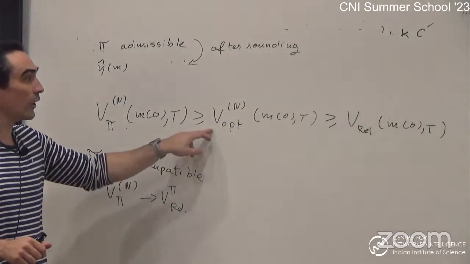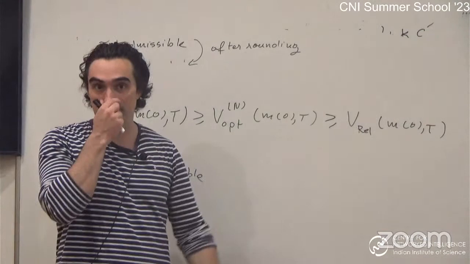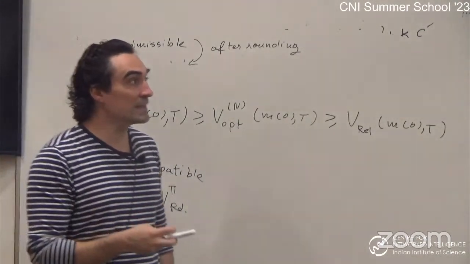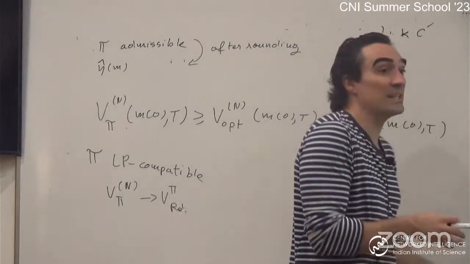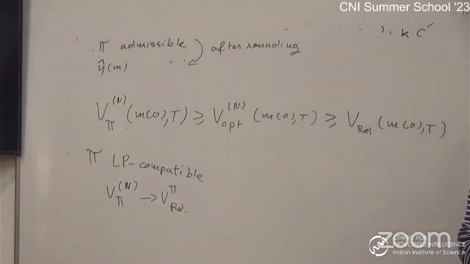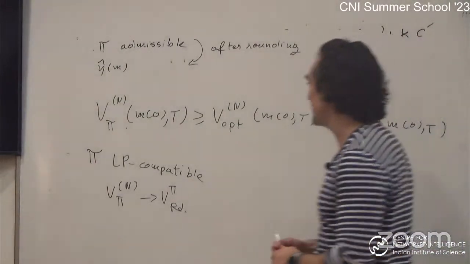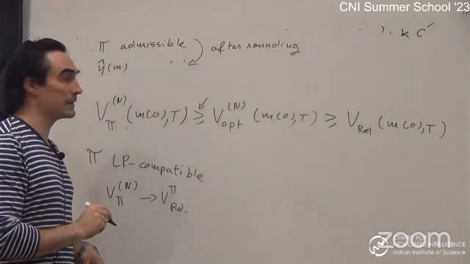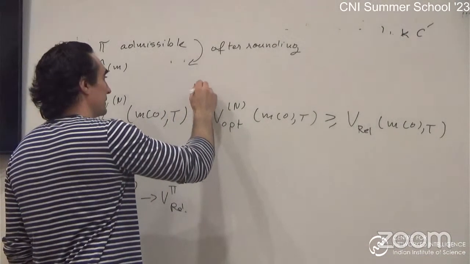And therefore, V_opt will converge to V relax. That's the argument. And you see that the two crucial things that cannot escape when you design a policy is admissibility. Admissibility is basically allowing you to do this step. So this is admissibility.